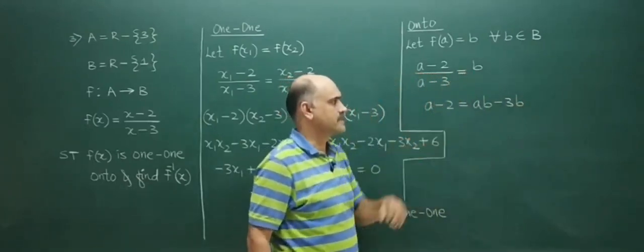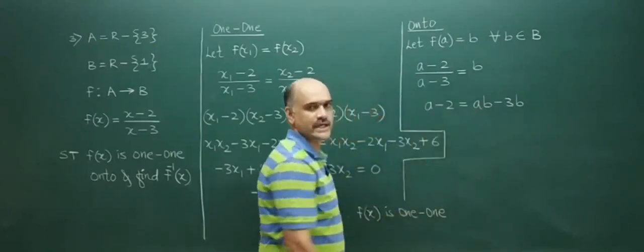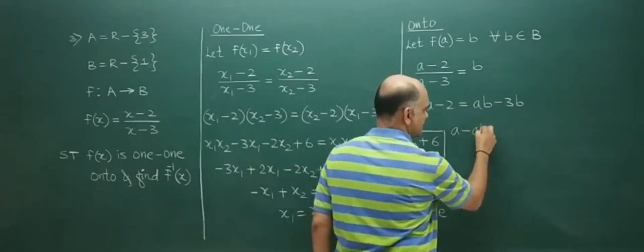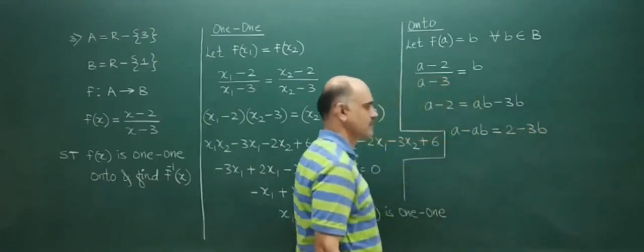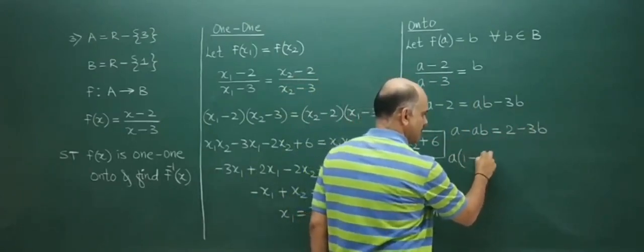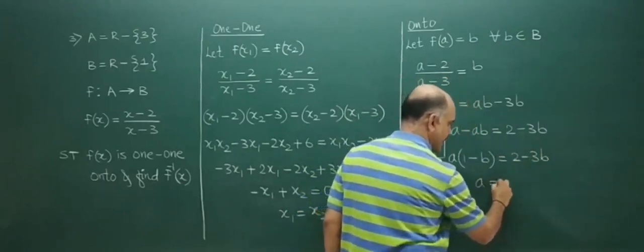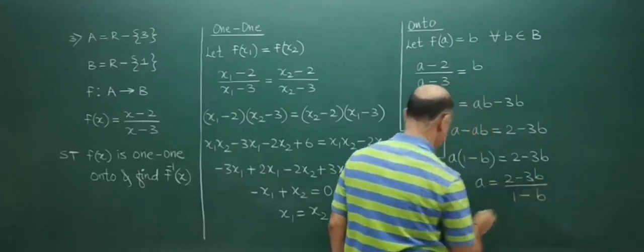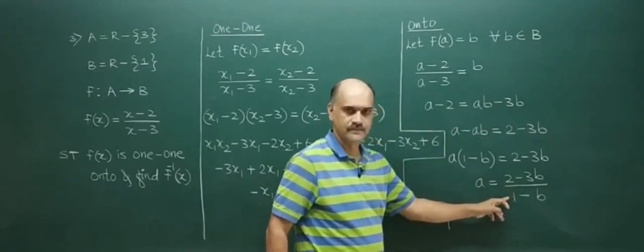The term containing a I will take to the LHS, the constant you pass to the RHS. A minus ab is equal to 2 minus 3b. Now if I take a common, a times 1 minus b is equal to 2 minus 3b. So I will have a is equal to 2 minus 3b divided by 1 minus b.